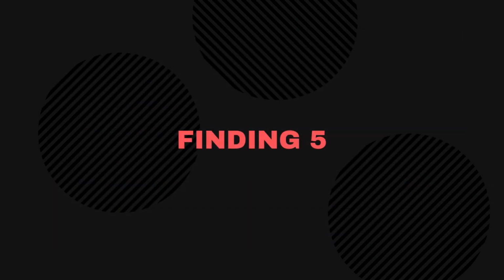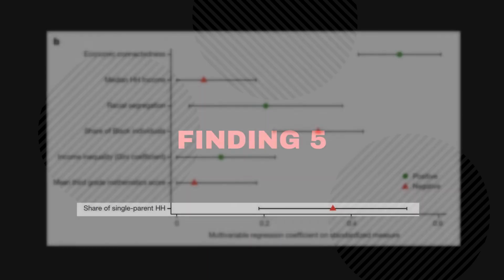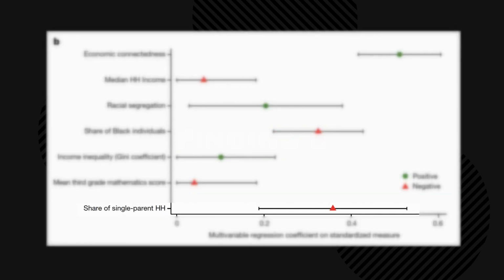Now, the fifth and final finding. Though I just said that the influence of economic diversity did not diminish in the presence of the 14 alternative explanations, it turns out that it's not the only thing that influences economic mobility. In addition to economic diversity, the data also shows the importance of growing up with two parents in the house.